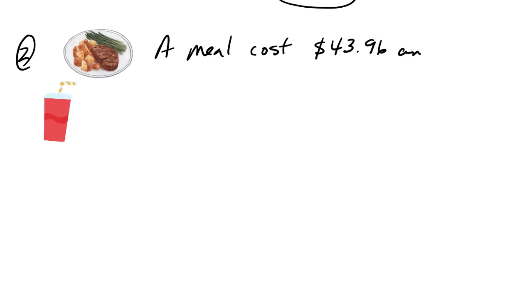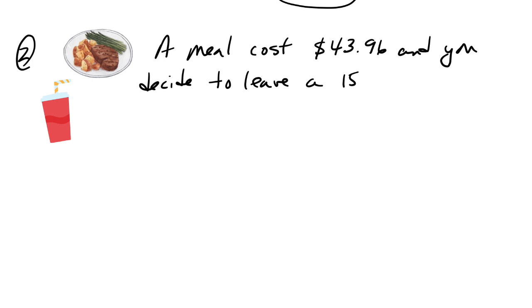All right, next example. A meal, looks like it might be steak, cost $43.96, and you decide to leave a 15% tip. 15% is okay.